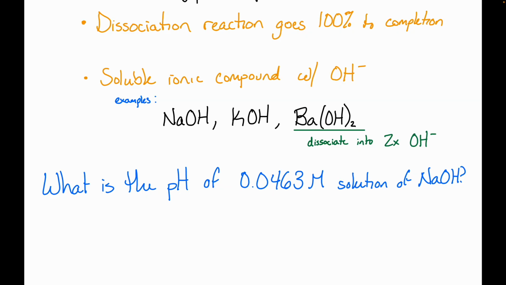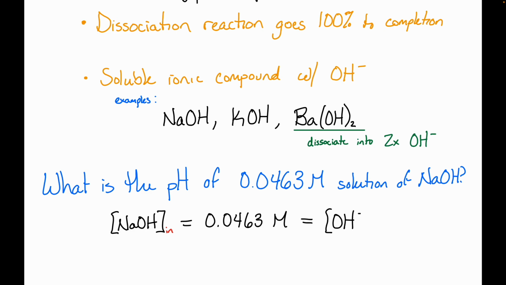All right, so first of all, how are we going to go about this? Well, we know our sodium hydroxide concentration, that's what we prepared, is equal to 0.0463 molar. But since that's sodium hydroxide, 100% of it is going to dissociate into sodium ions and hydroxide ions. That means that's also my concentration of hydroxide once it's dissolved.